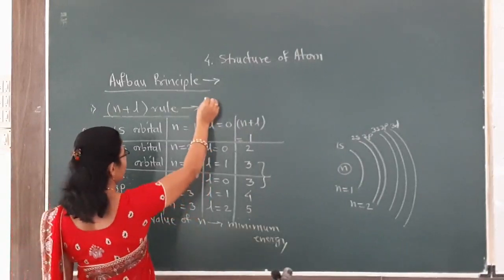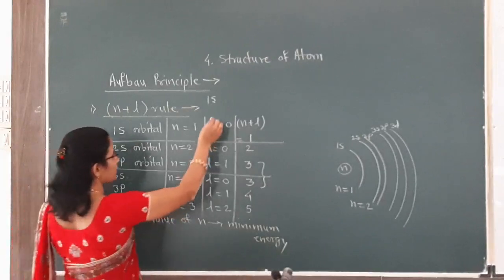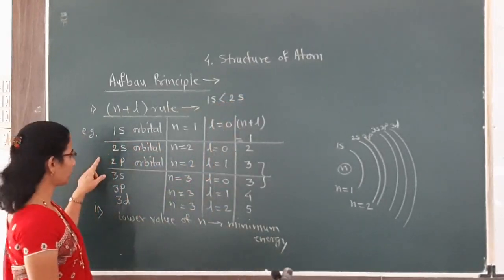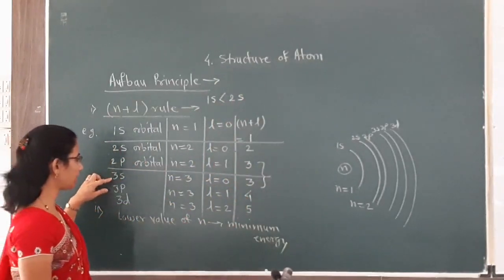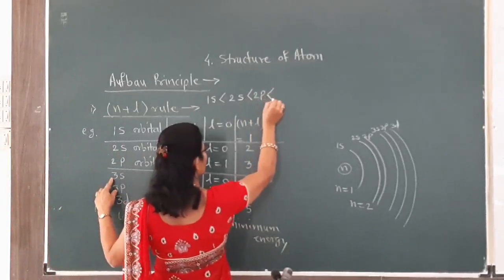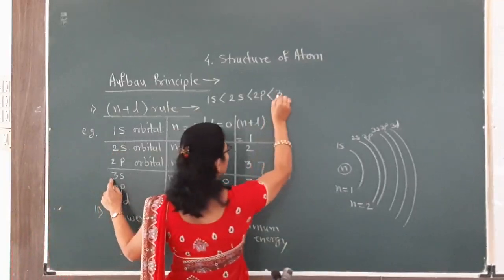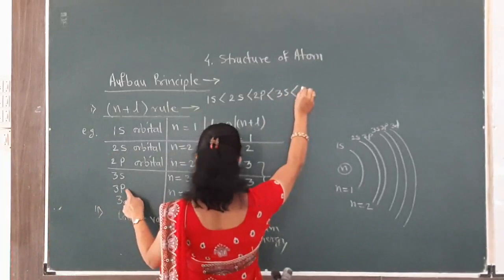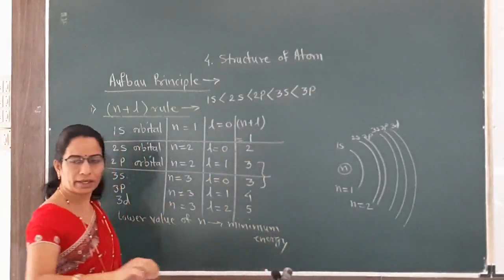So I will write here the orbital energy sequence. 1s is having lowest energy, 2s is having again greater energy. Out of these two, that is 2p and 3s, the 2p will possess less energy because it is having less value of n. 3s, then I will write about 3p, and then we will see the next case.